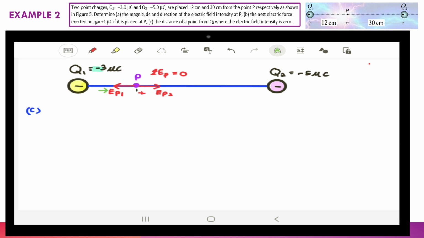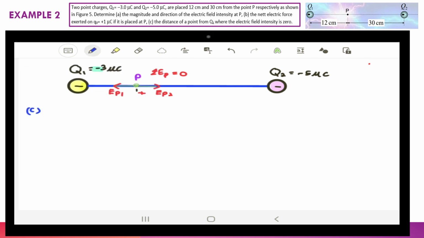Previously, point P was 12 cm from Q1, and we calculated the total electric field strength at point P, which is not equal to 0, right? So now we will try to move the point P to another position on the line, and we want to find the position of this point from Q1 where the total or net electric field intensity at point P is equal to 0.